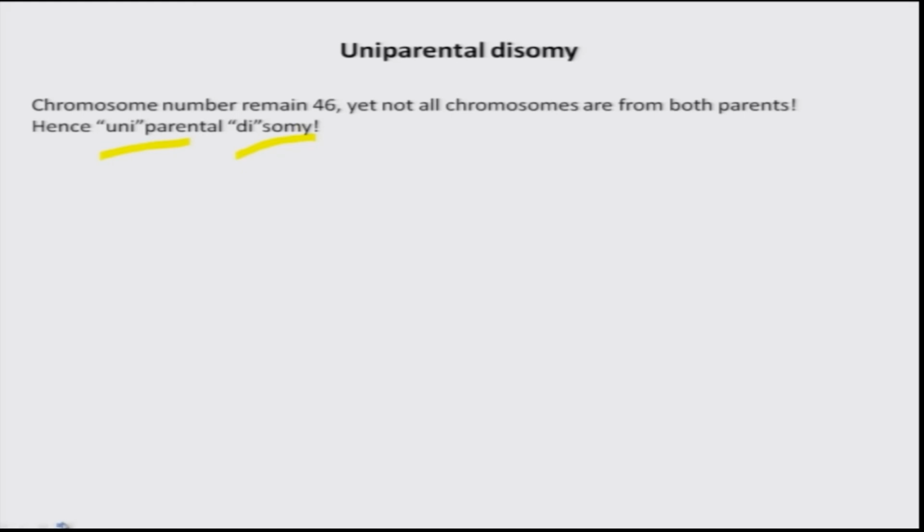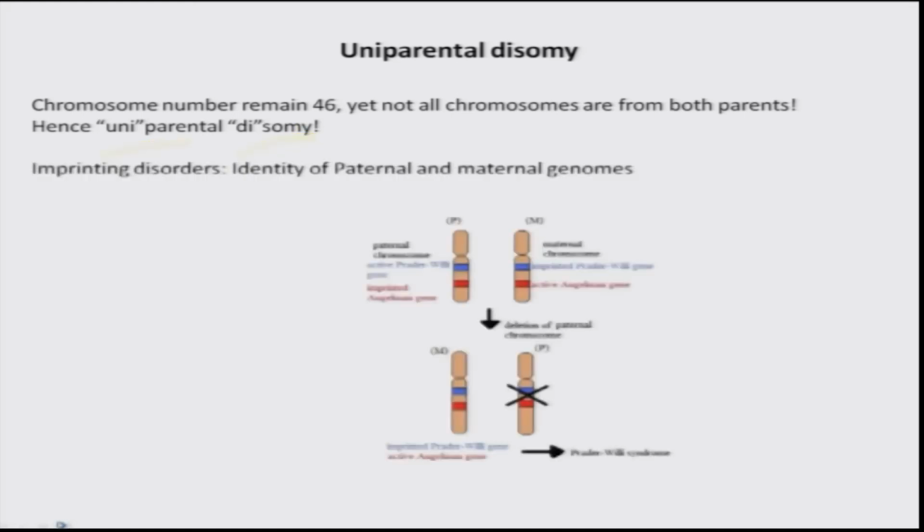And such conditions are associated with a large number of cancers, which happens either because of non-disjunction again, or it could be somatic, meaning it happens only in certain tissues in your body, not really gifted by your parents.